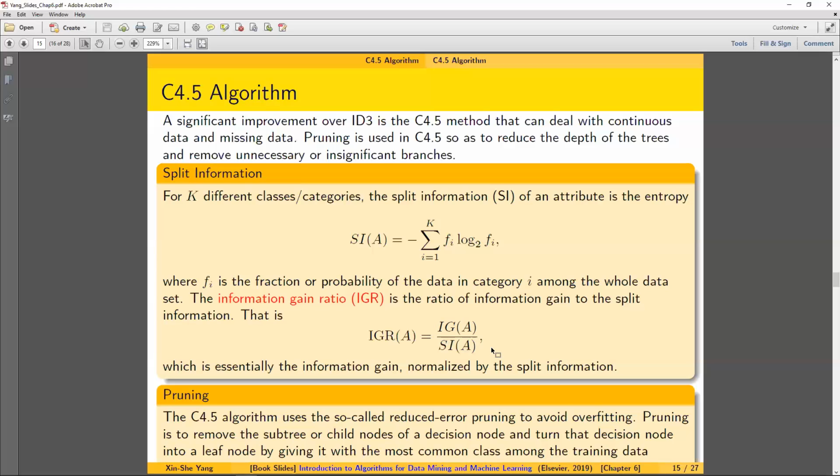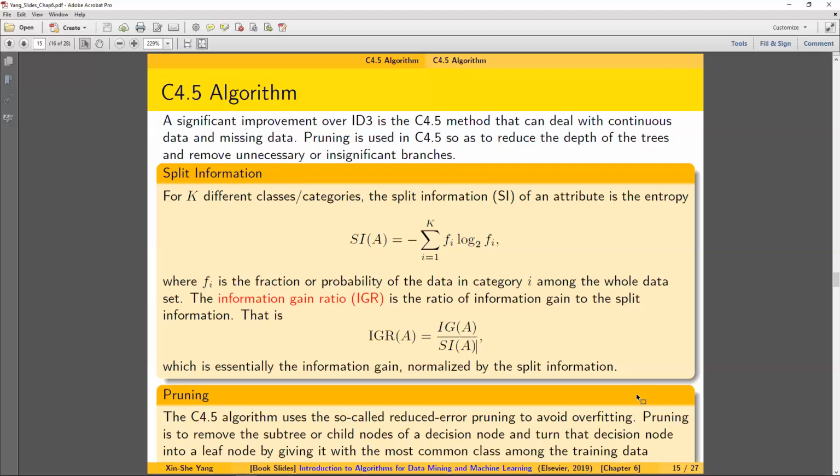Just be aware, the previous algorithm, ID3, uses information gain. Now let's define a new variable that is information gain ratio, which essentially is the information gain normalized by the split information. And then C4.5 is based on information gain ratio.